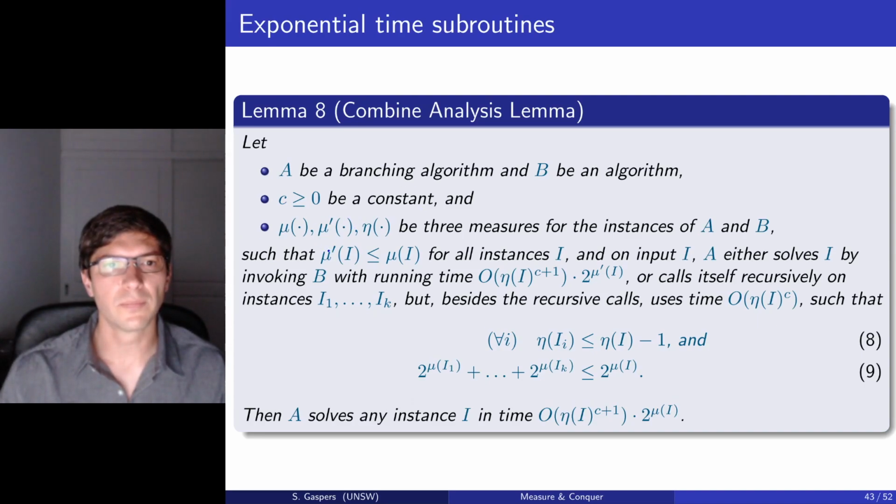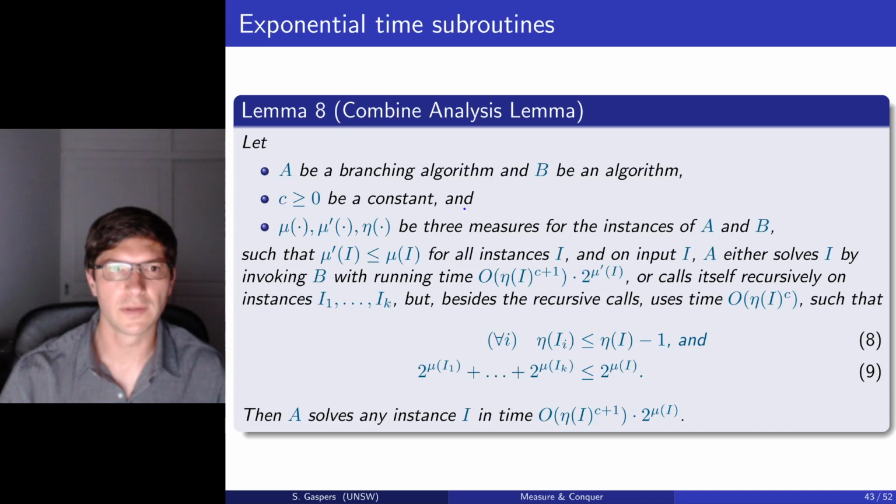Okay, and we assume that B has running time eta of I to the power c plus 1 times 2 to the power mu prime of I. So basically mu prime is the measure that we use in the running time analysis of B, and mu is the measure that we use in the running time analysis for A. Now what do we have as constraints?